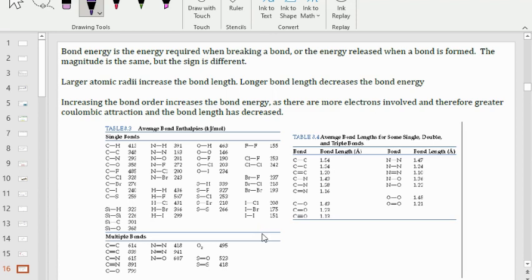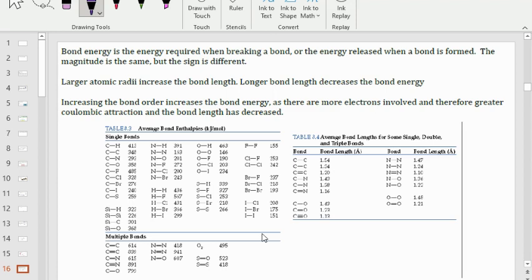Okay, so bond energy then is the energy required when breaking a bond or the energy released when a bond is formed. The magnitude is the same, but the sign is different. So if we are releasing energy, we are forming a bond.